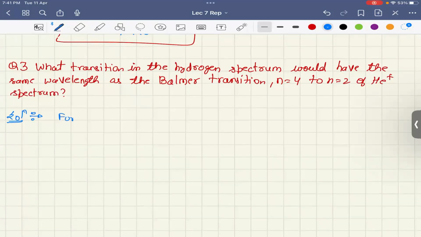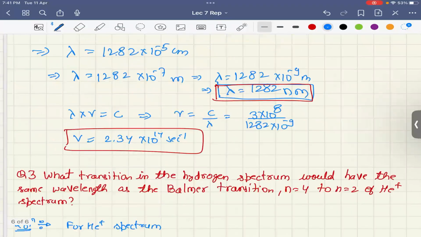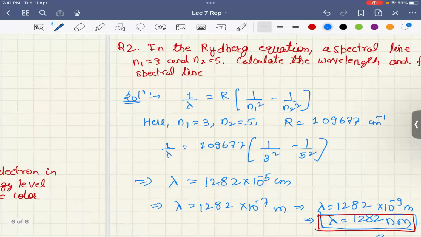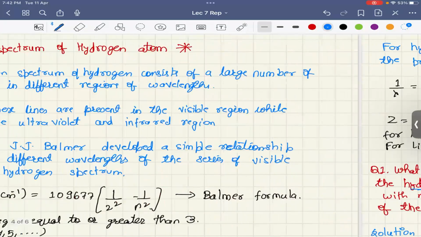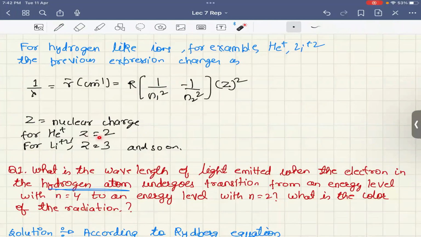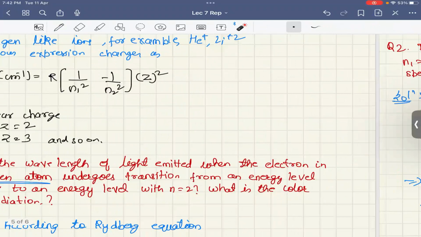So for the He plus spectrum, as it's a hydrogen-like ion, the expression which we are going to have is this one into Z square, right? So here, in the previous one, this expression is what we are talking about, right? And we already know that for the He ion, Z is nothing but 2, right?